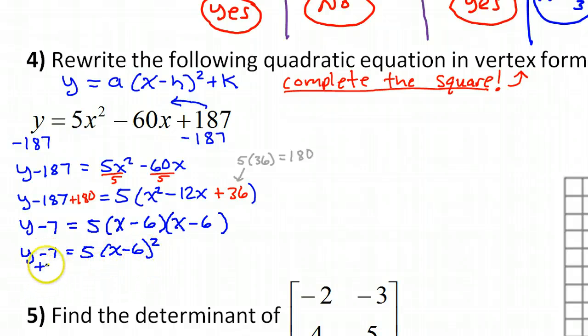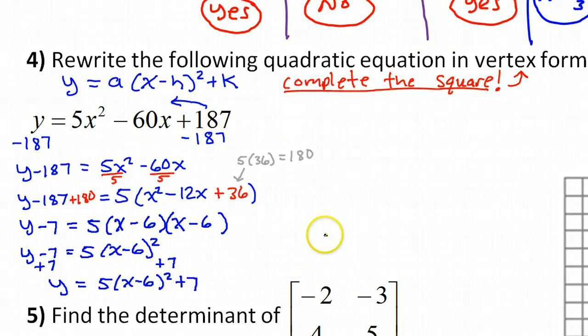That's going to give me y equals 5 times x minus 6 squared plus 7. Let me put it out here in a more visible place. Y equals 5 times x minus 6 squared plus 7.